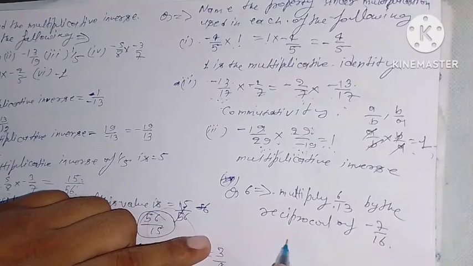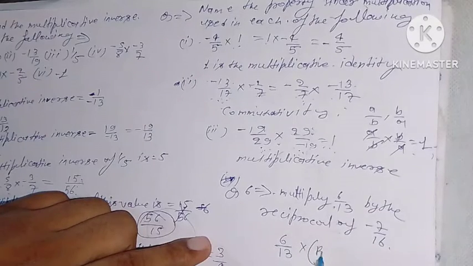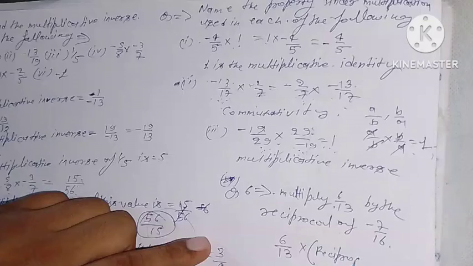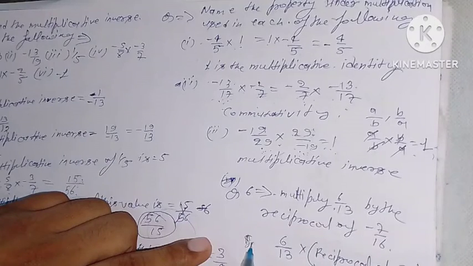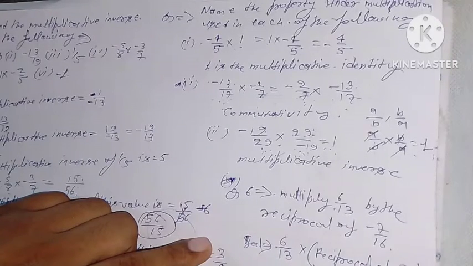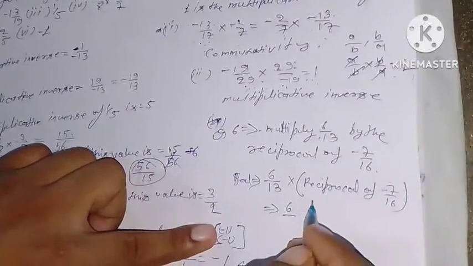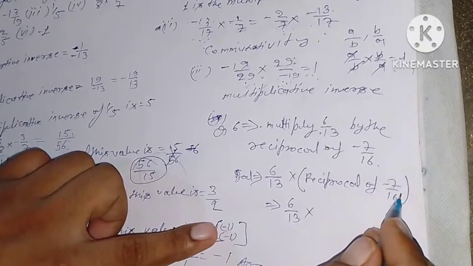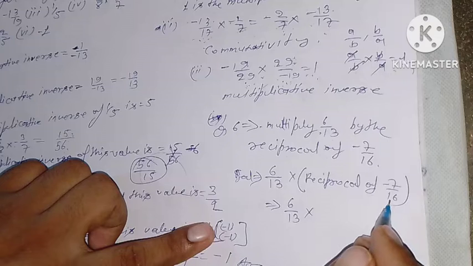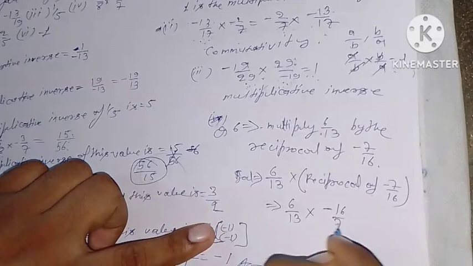Solution: 6 upon 13 is multiplied by the reciprocal of minus 7 upon 16. The reciprocal of minus 7 upon 16 is minus 16 upon 7.